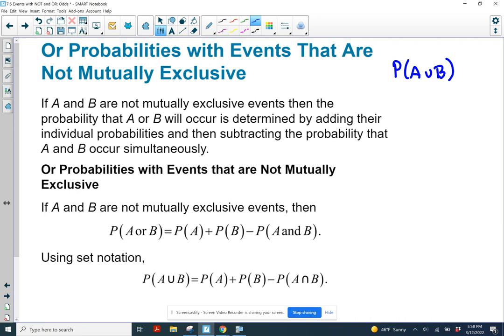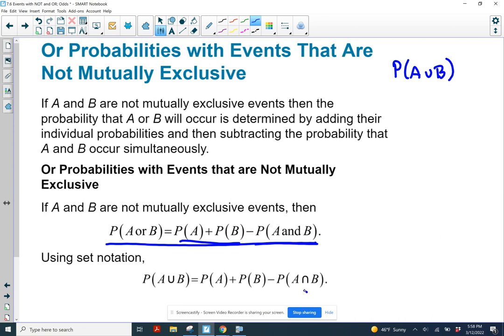Here's the formula we need to remember. Probability of A or B is equal to the probability of A plus the probability of B minus the probability of A and B happening.